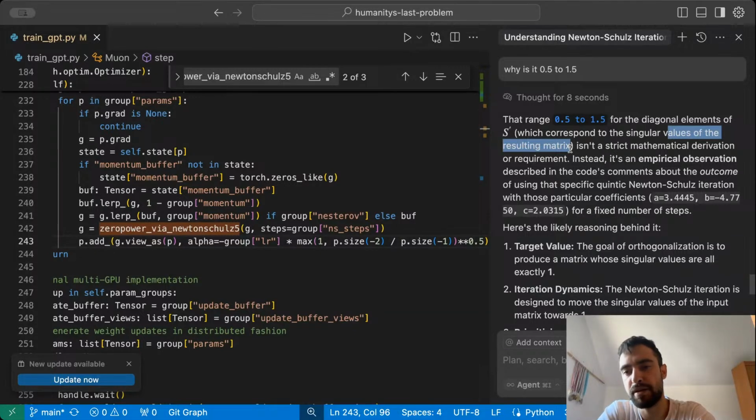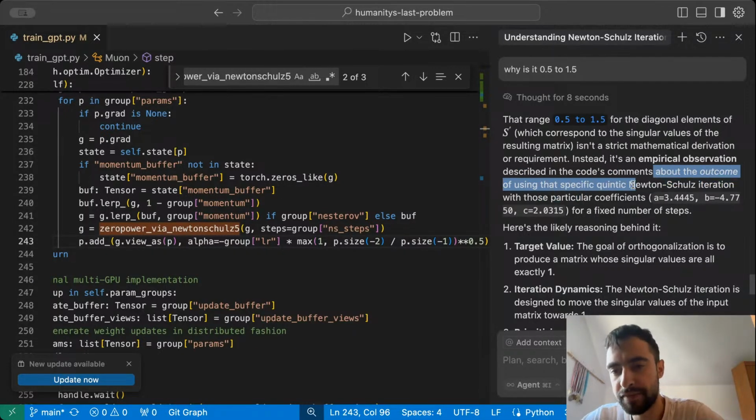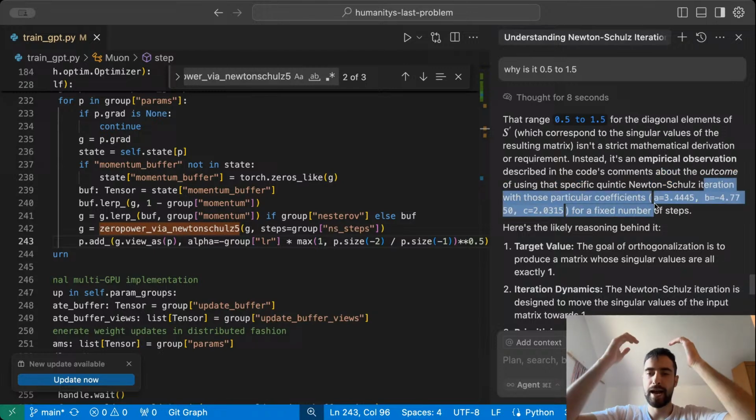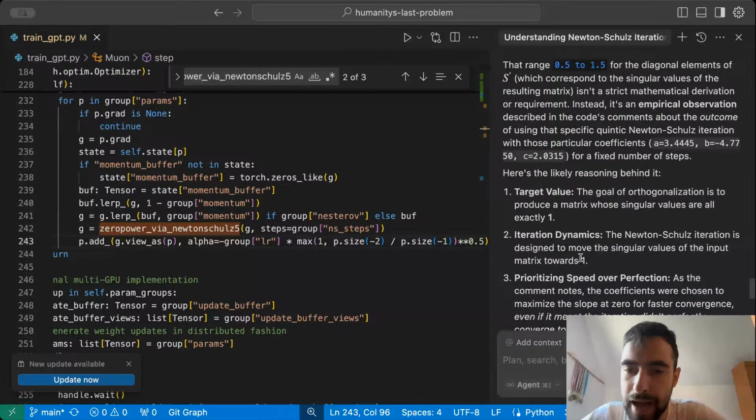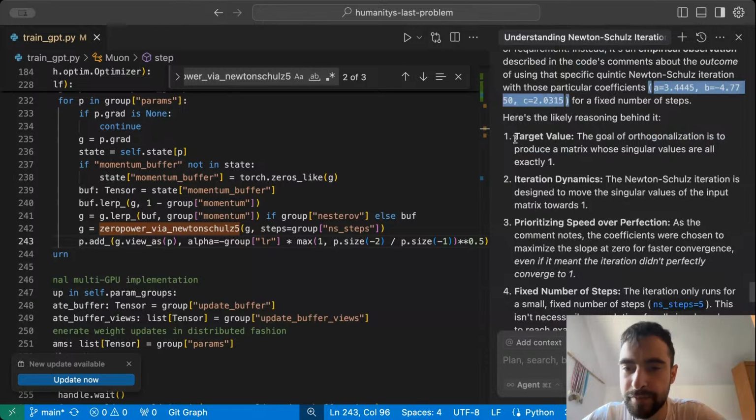Instead, it's an empirical observation described in the code's comments about the outcome of using that specific quintic Newton-Schultz. I know, bro. I'm asking, why did they choose these numbers?